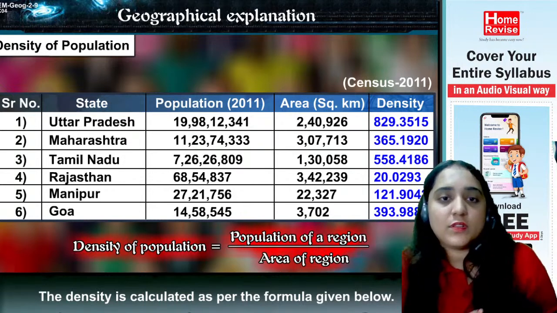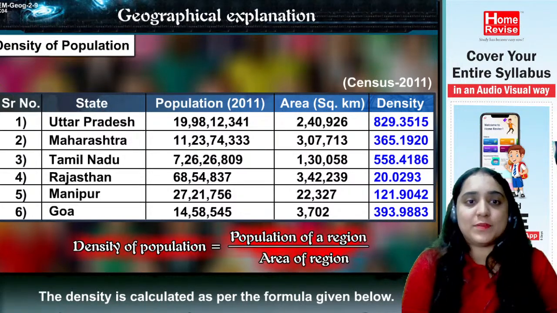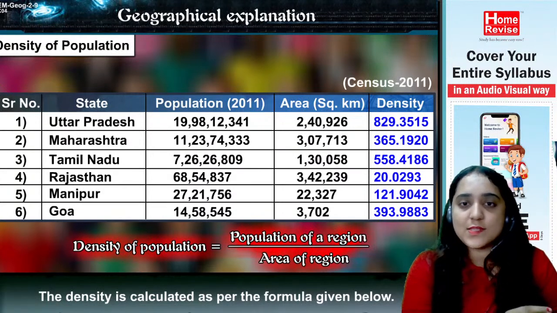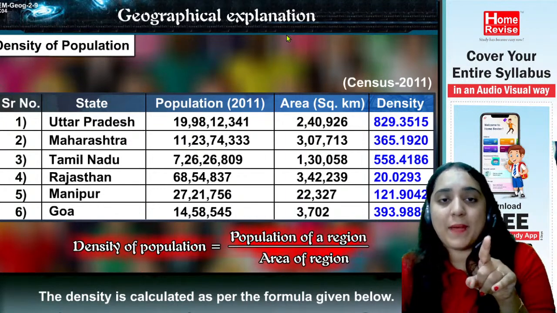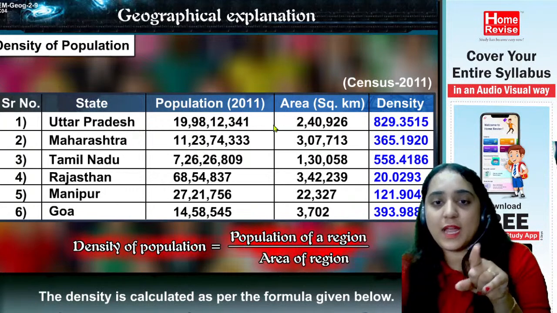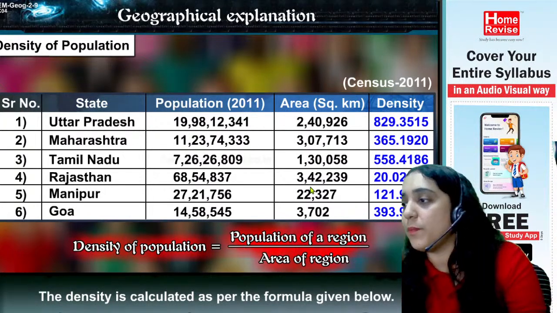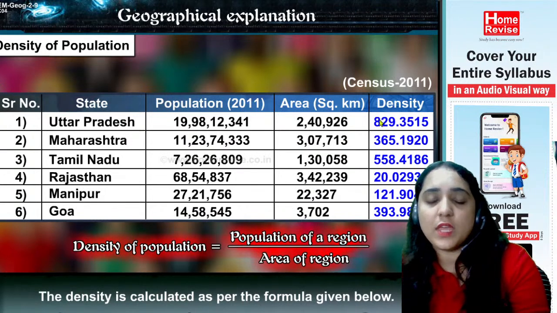Few states are given. The total number of people living in that state in the year 2011 is also mentioned. Area is also given, and by using both this information and this formula, we have calculated the density of the population.